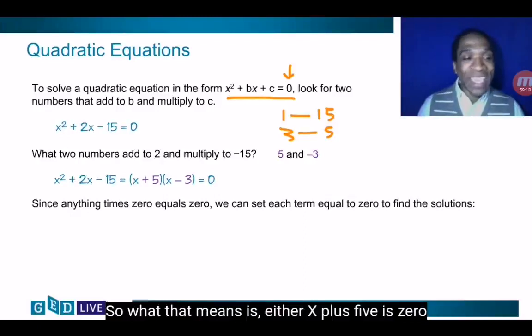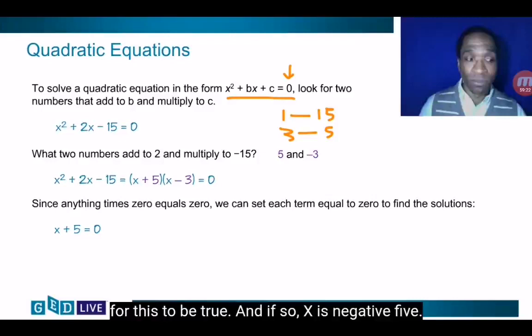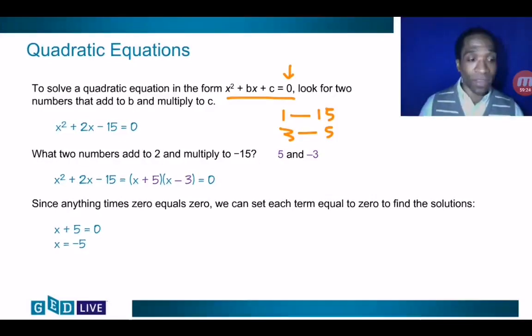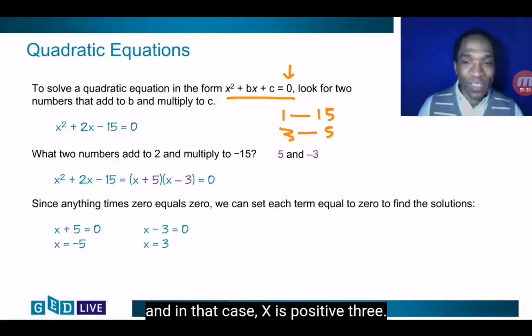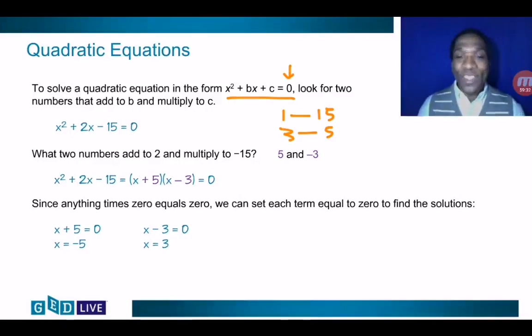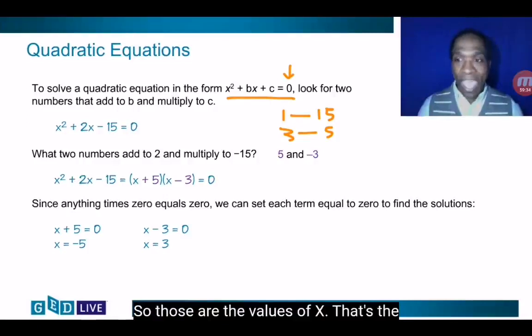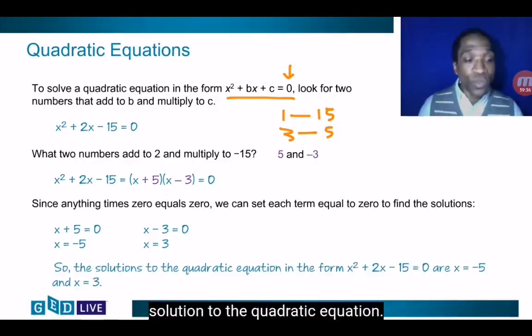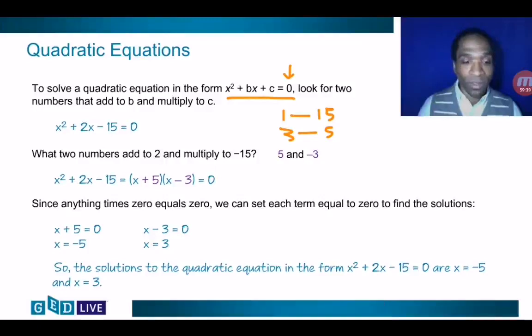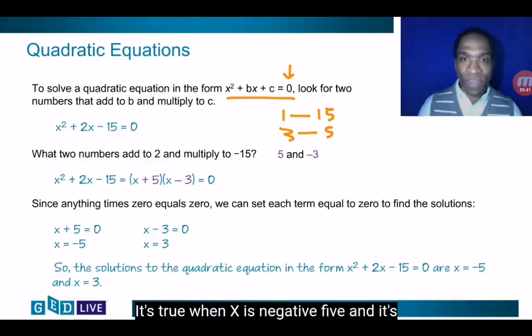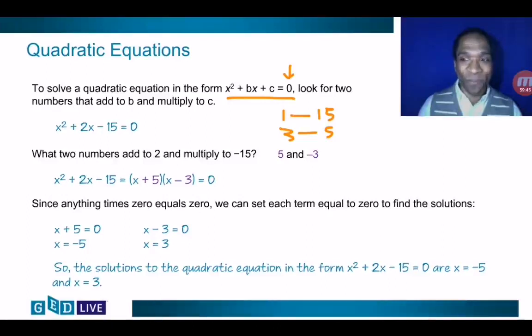So what that means is either x plus 5 is 0 for this to be true, and if so, x is negative 5, or x minus 3 is 0, and in that case, x is positive 3. So those are the values of x. That's the solution to the quadratic equation. It's true when x is negative 5, and it's also true when x is positive 3.